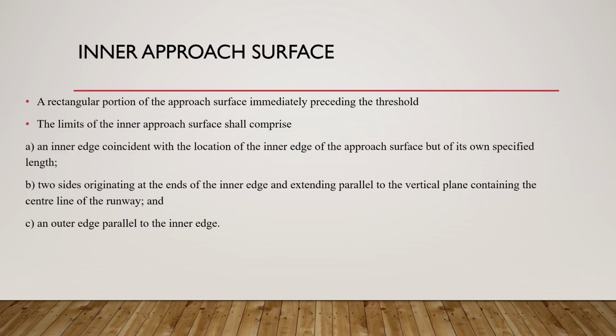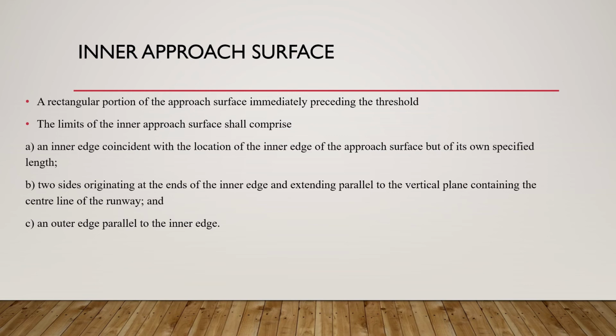The inner approach surface is a rectangular portion of the approach surface which immediately precedes the threshold. The limits of the inner approach surface will have an inner edge coincident with the location of the inner edge of the approach surface, but it will have its own specified length. The two sides originate at the ends of the inner edge and extend parallel to the vertical plane containing the center line of the runway, and the outer edge is parallel to the inner edge.